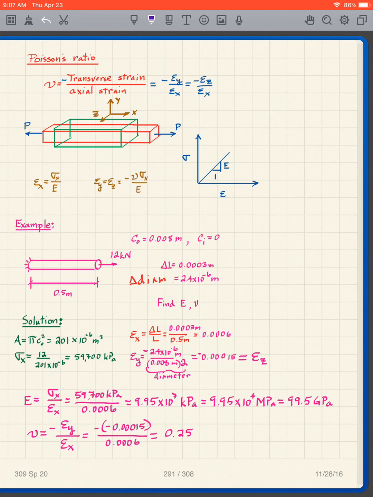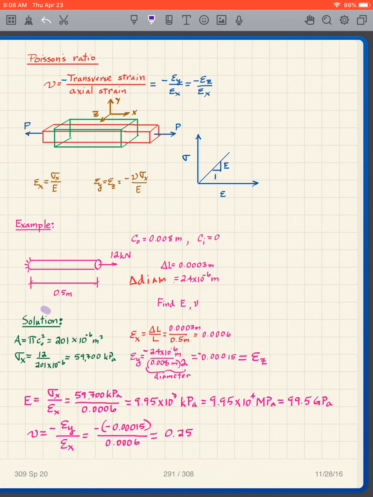So the given information is that my change in length is 0.003 meters, and my change in diameter is 2.4 times 10 to the negative 6 meters. So that's the observed behavior of this rod in the test. And we're going to find the Young's modulus and the Poisson's ratio.